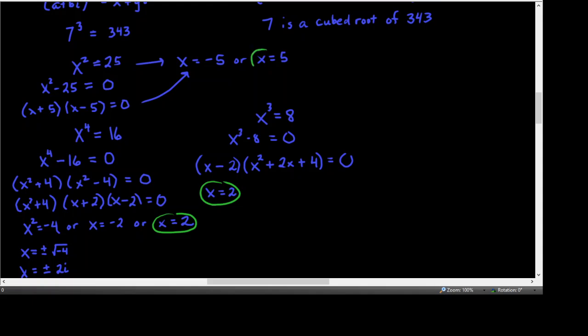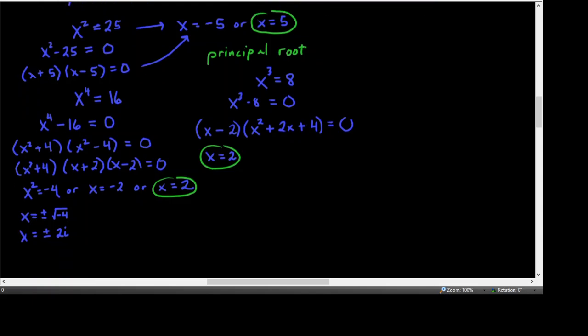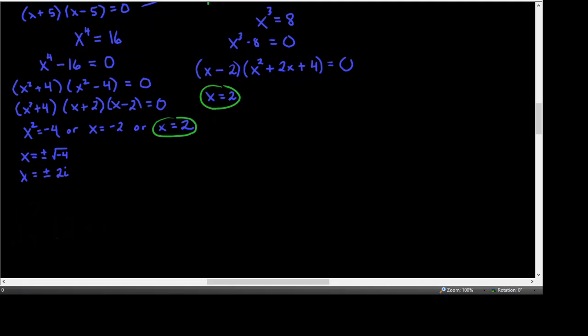So I'm going to be talking about the principal root later. Again, I'll use that term, and so I want you to know what it is I'm talking about. It's the easy answer, the one you can get first. Kind of the no-brainer one, I guess, so to speak.